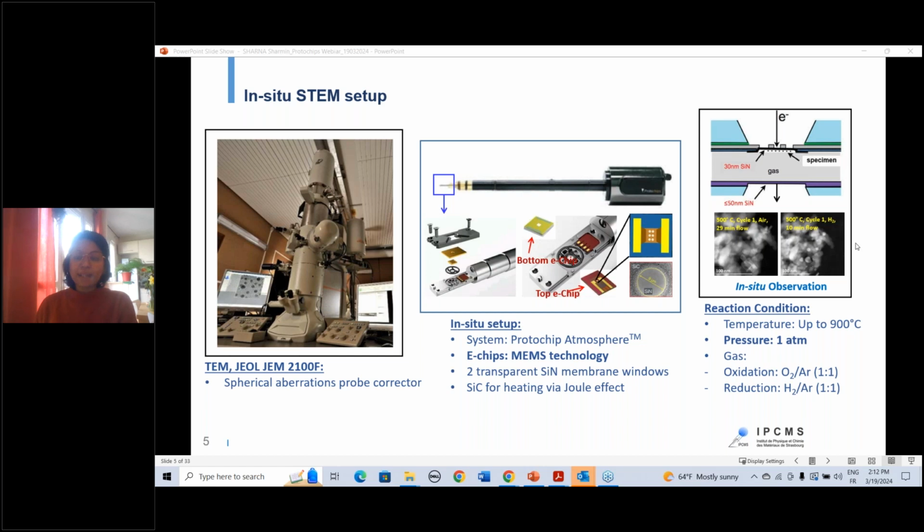So once we have that, we can introduce gas and temperature. In our case, we have carried out the reaction at a temperature of above 900 degrees Celsius and a pressure of 1 atmosphere. That's the advantage of the MEMS-based system. For the oxidation and reduction, we have used a 50-50 mixture of oxygen and argon, and hydrogen and argon, respectively.